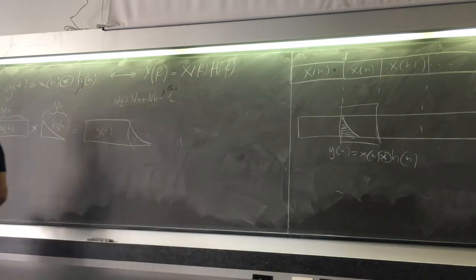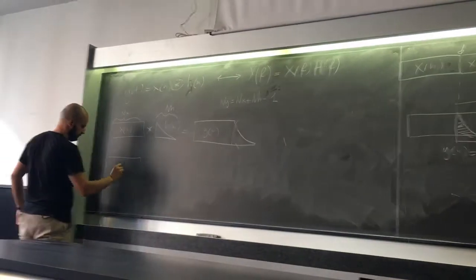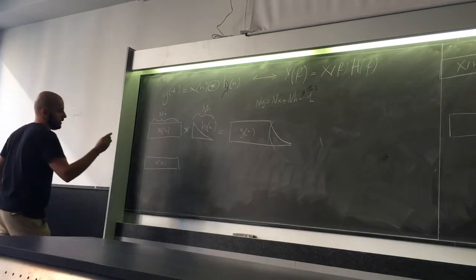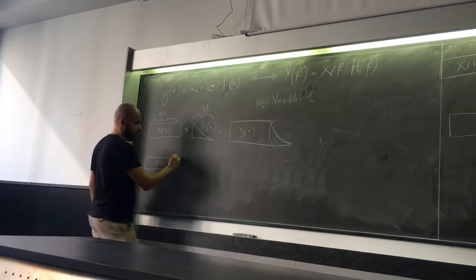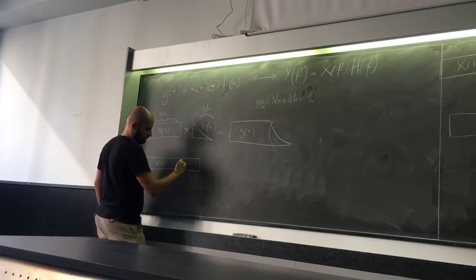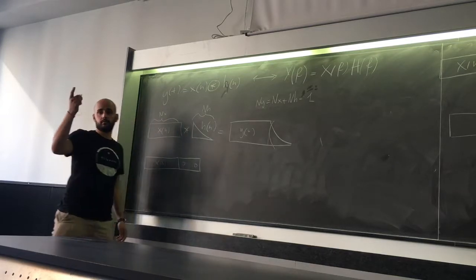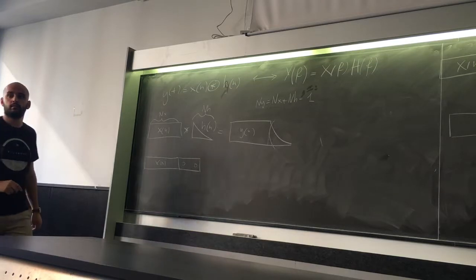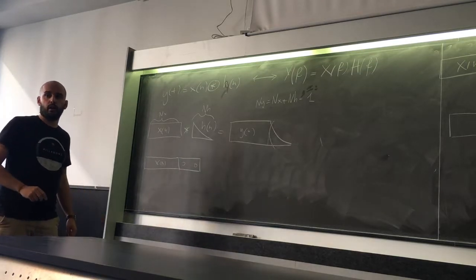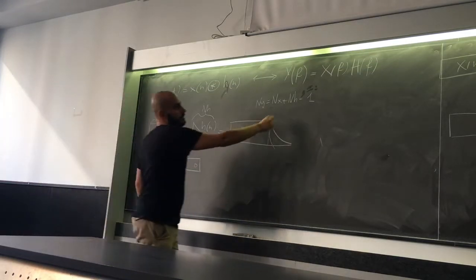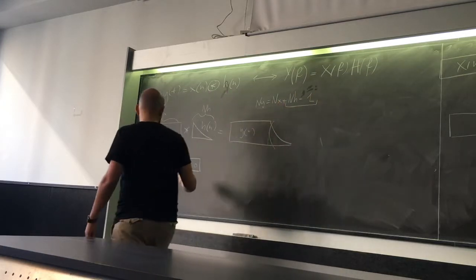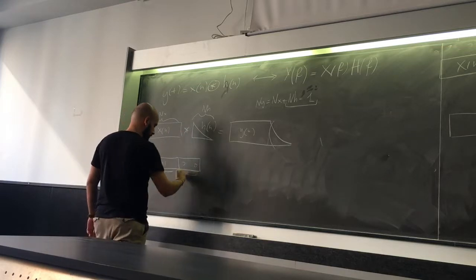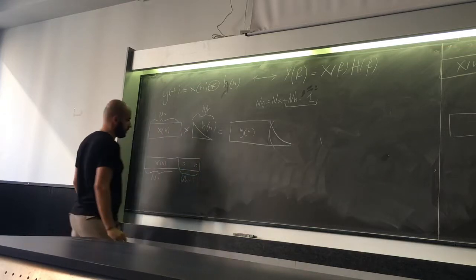So basically, let's see how this modifies. You take your input X, and in jargon, we say that you zero pad this signal, you add zeros at the end. How many? At least such that the length is NX plus NH minus 1. So this is NX, and you add NH minus 1 samples.